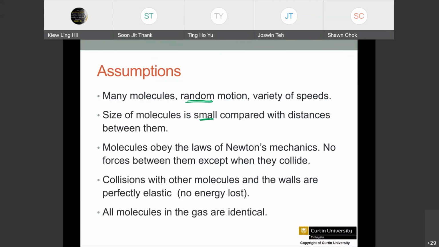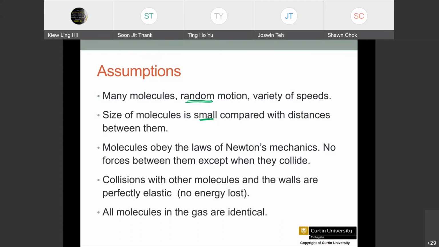But if you have a big house with the same 10 members, you and your family members will be separated quite far away. So same goes with this. The size of the molecule of the gas is very small as compared to the distance between them.